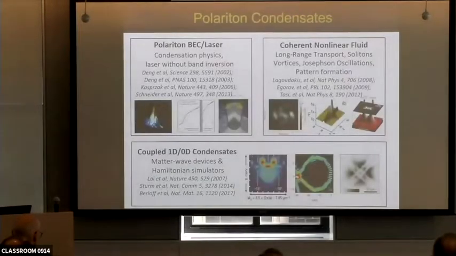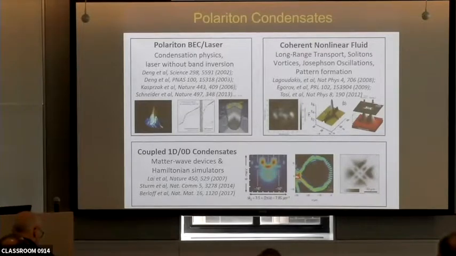A lot of very interesting things have been done with polaritons, starting from good old BEC and lasing physics to a plethora of fascinating phenomena that can be described by the Gross-Pitaevskii equation of a nonlinear coherent liquid. More recently, people are looking at how to build microwave devices and Hamiltonian simulators with coupled polariton systems. To do all of this, to do it better or to do more, we will need more and better control of the polaritons.